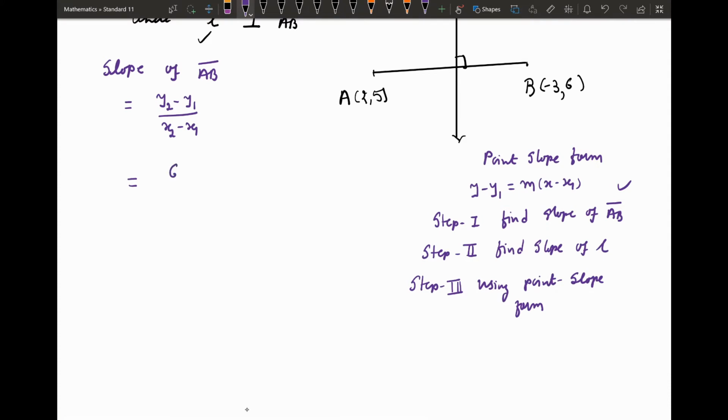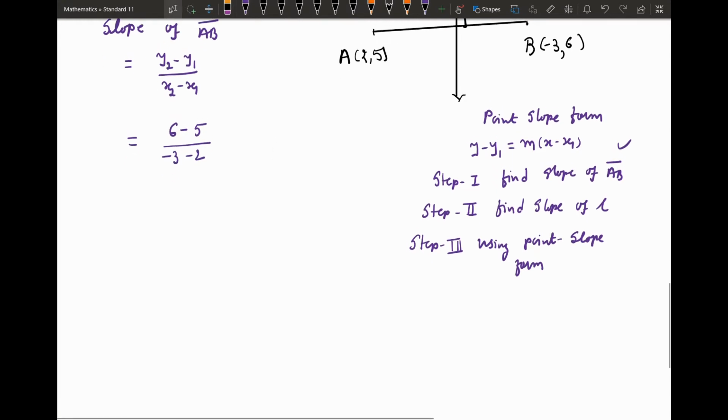So this is (6 minus 5) upon (-3 minus 2). So this is 6 minus 5, so 1 by -5.